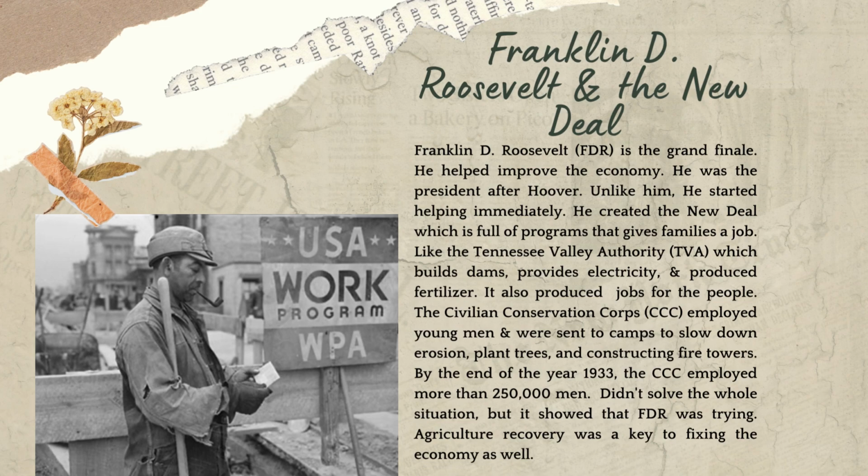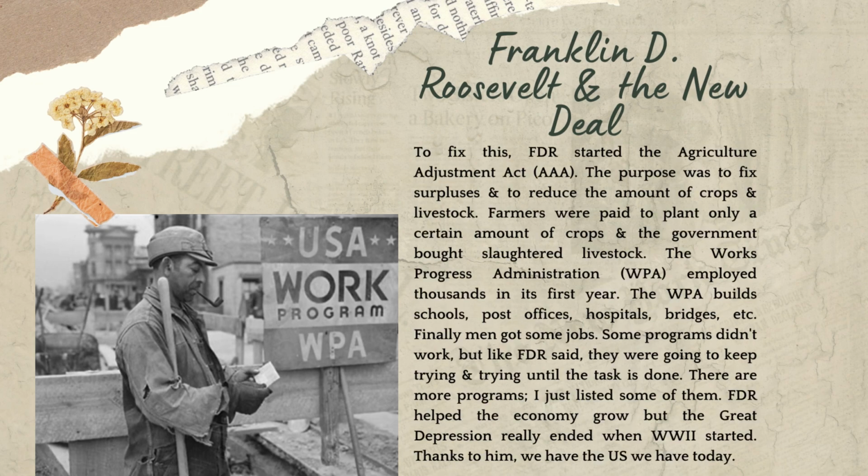Agriculture recovery was a key to fixing the Great Depression as well. To fix this, FDR started the Agricultural Adjustment Act, or the AAA. The purpose was to fix surpluses and reduce the amount of crops and livestock. Farmers were paid to plant only a certain amount of crops, and the government bought slaughtered livestock.